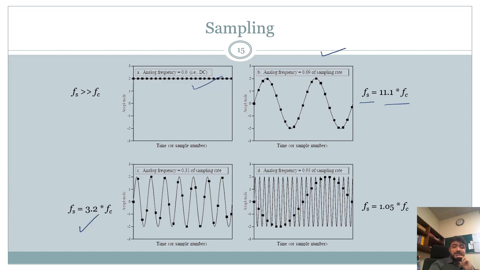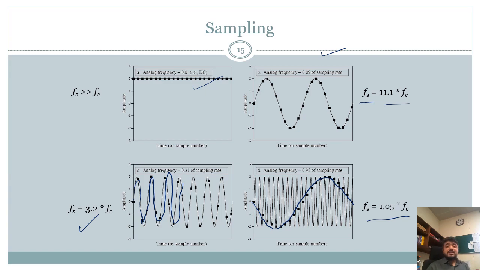If you look at this here, the sampling frequency is 3.2 times the highest frequency component. So if you just combine these dots, you're going to get a wave of the same frequency as the original wave. However, here you have the sampling rate equal to 1.05 times the highest frequency component, and therefore combining the dots gives you a new waveform of a different frequency. This is what we call aliasing.